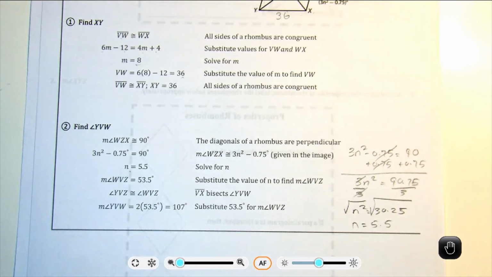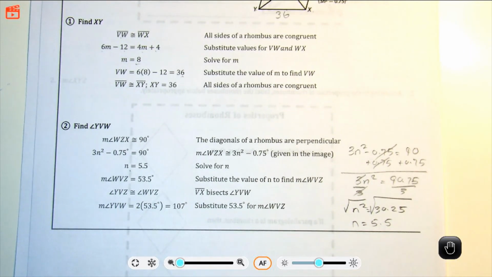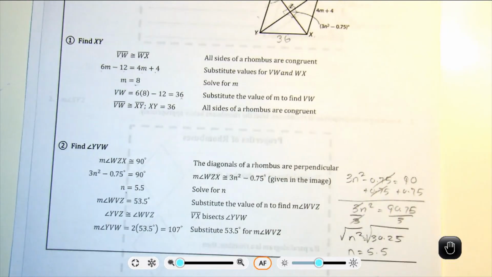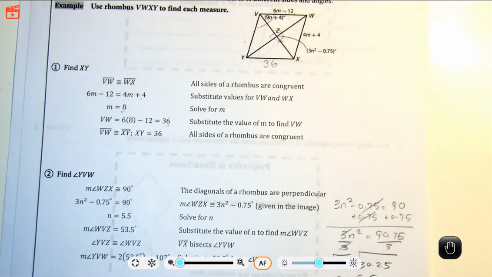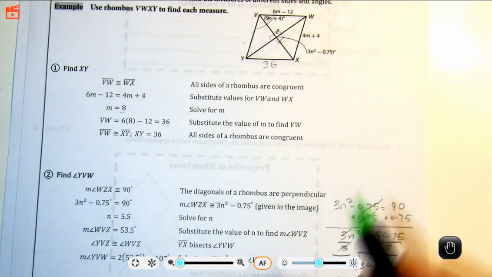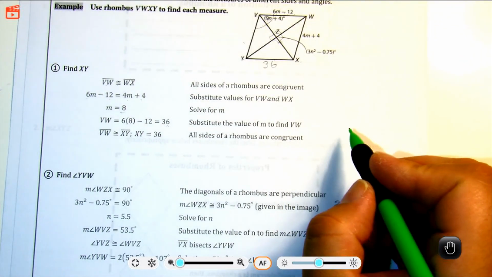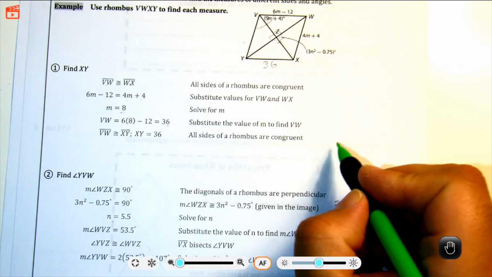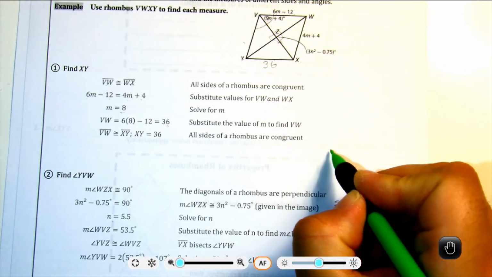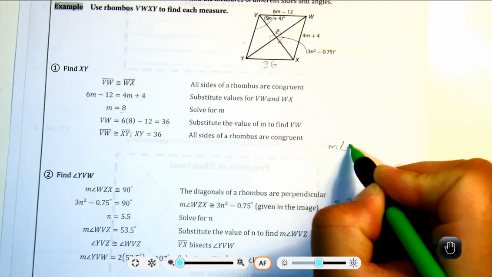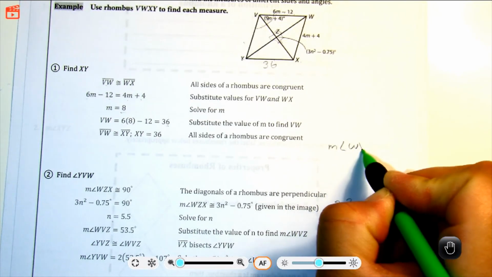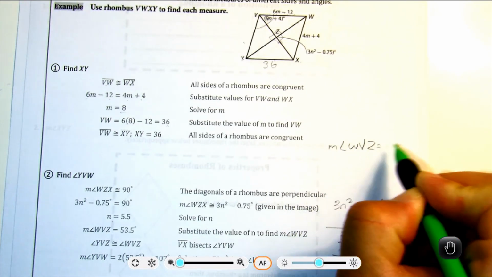So actually they didn't show it, but let's actually do it together. So the measure of angle WVZ is equal to 9 times 5.5 plus 4.